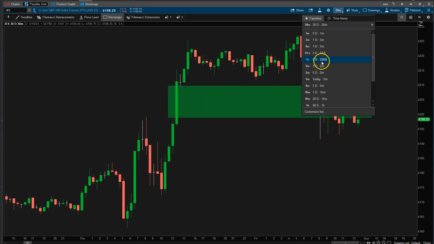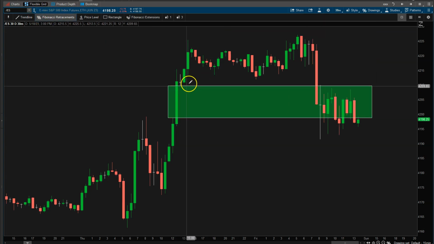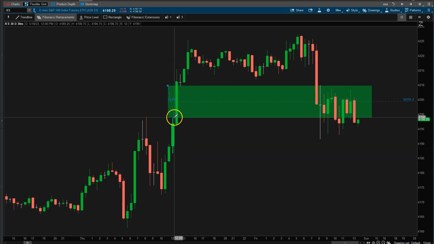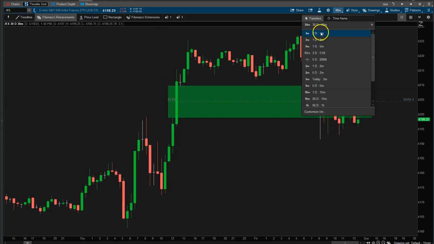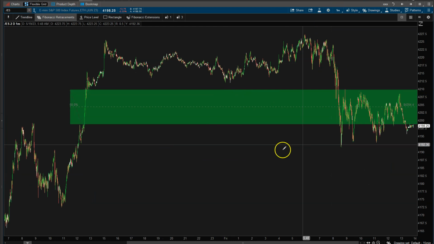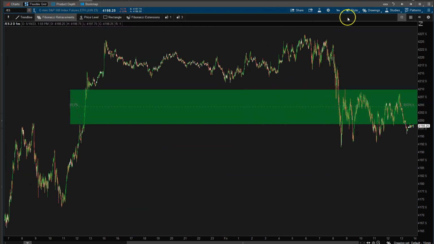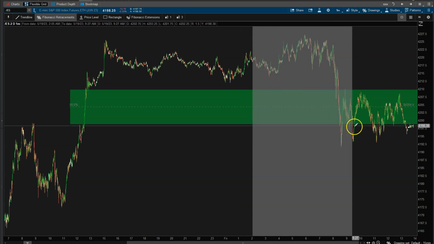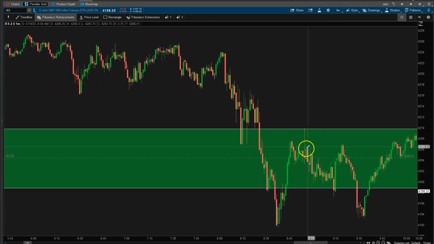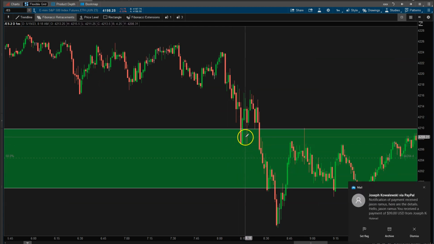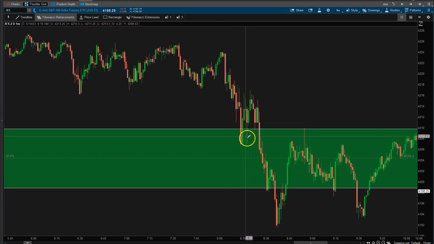Here's the thing, as price comes in, let's draw our Fibonacci from this 30-minute. Let's go to a lower time frame and see if there was a way that we could have traded this fair value gap. And I will look at a 1 minute. You can even go down to a 3-minute, but look at this. Comes right in, and then we bounce, right? So there was a trade there.